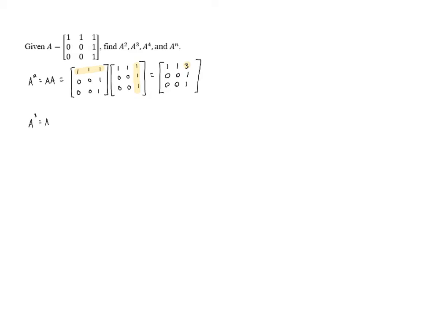Let's take a look now at A cubed. A cubed is A times A times A, or A squared times A. So we can take the result that we got for A squared, and we can put it here, and we can multiply it by A. Again, we have a 3 by 3 matrix times a 3 by 3 matrix, which will give us a 3 by 3 matrix.